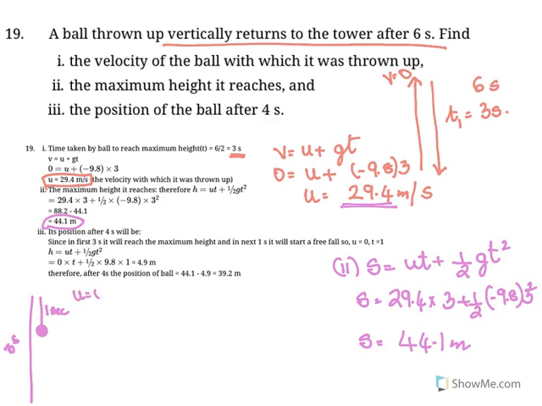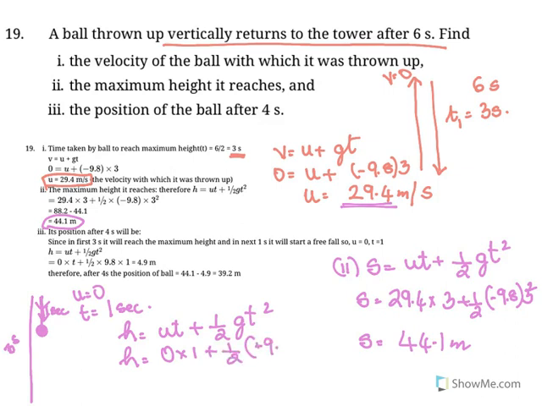So u equal to 0, the body is coming down, time is 1 second, and you put the formula h equal to ut plus half gt squared. So h equal to 0 times 1, plus half times 9.8, this is plus because it is coming down now, times 1 squared. So you get h as 4.9 meters.